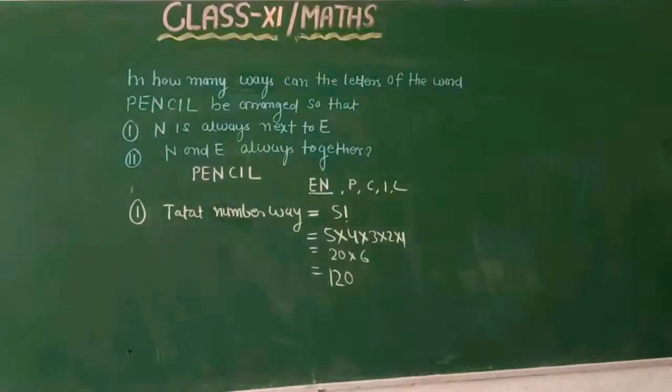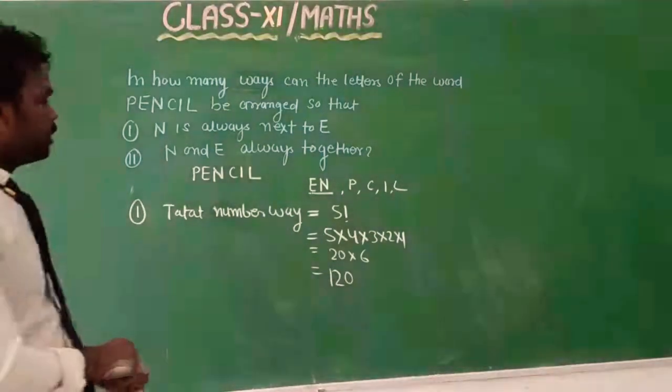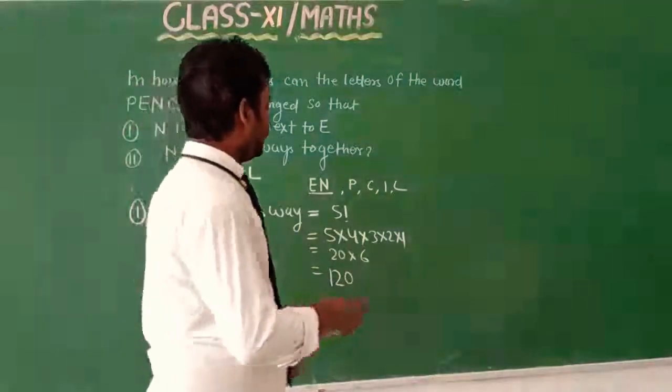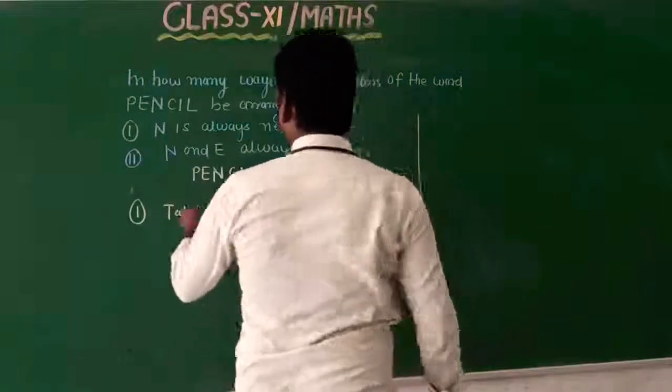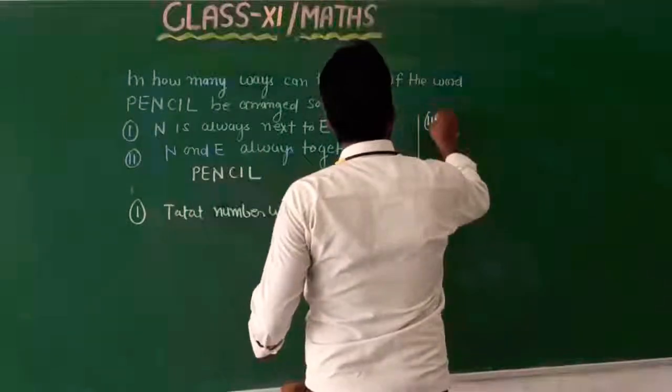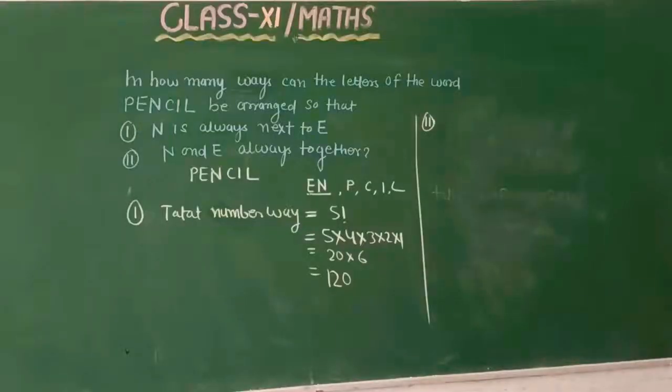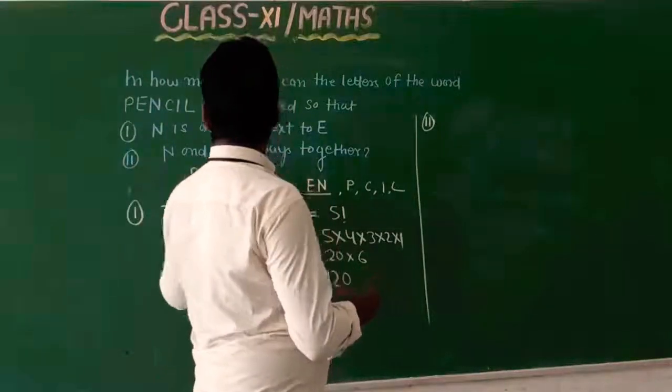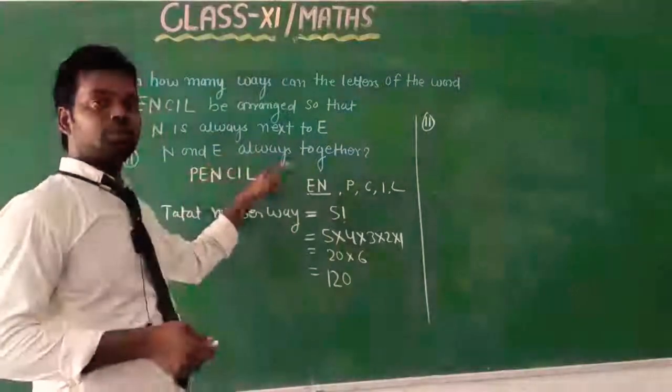So the total ways is 120. And second, okay, the second part is N and E always together.